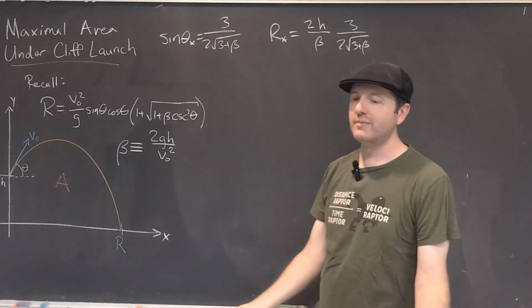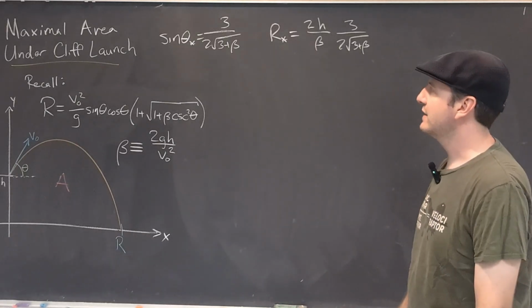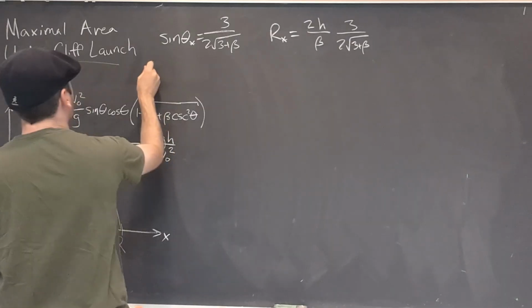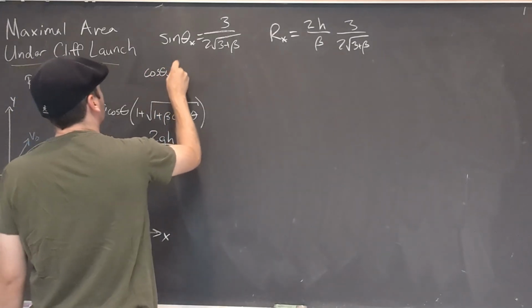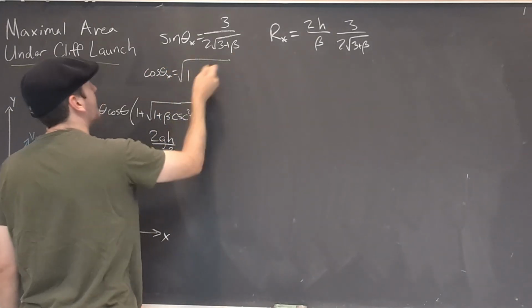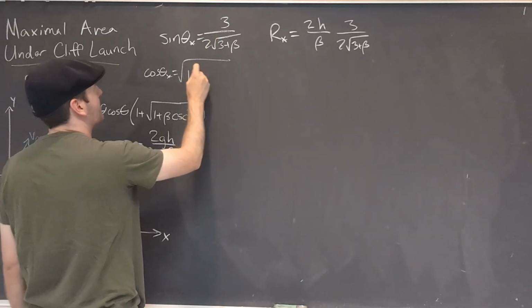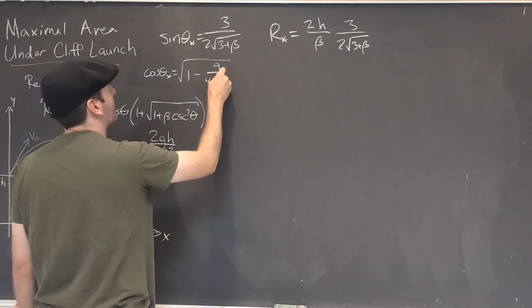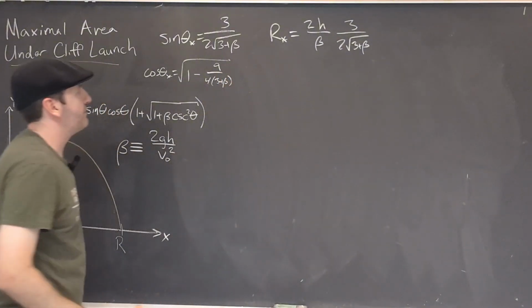Cosine theta is going to be a little more annoying. It does come from the Pythagorean theorem, so let's calculate that real quick. Cosine is going to be the square root of 1 minus sine squared. So this will be 1 minus 9 over 4 times 3 plus beta.